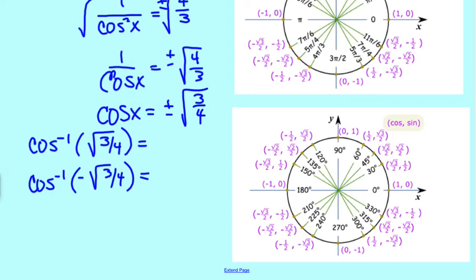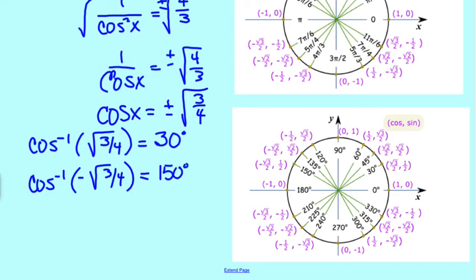So we're using our degrees. Cosine inverse of the square root of 3 divided by 4, finish off that parentheses, and you get 30 degrees. And the other one, cosine inverse of negative square root of 3 divided by 4, and you get 150 degrees.